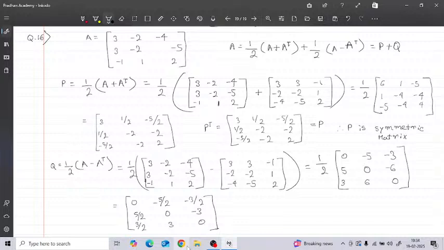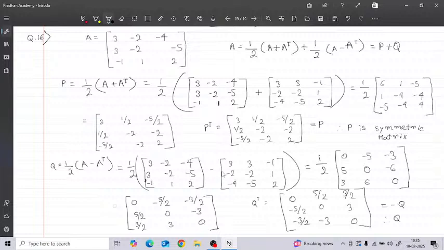Now what is Q transpose? Q transpose is nothing but [0, 5/2, 3/2; -5/2, 0, 3; -3/2, -3, 0]. That's clearly minus Q. So what can we conclude?